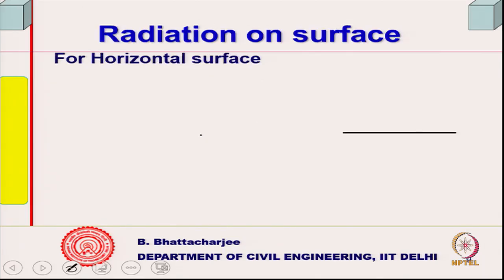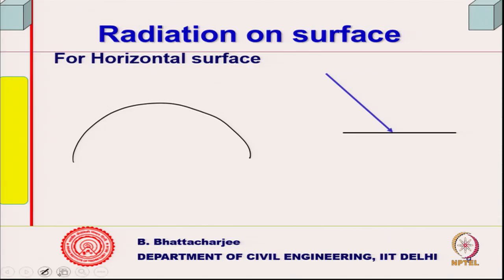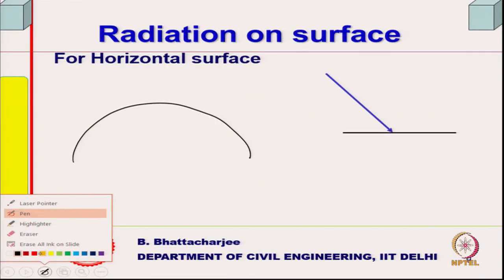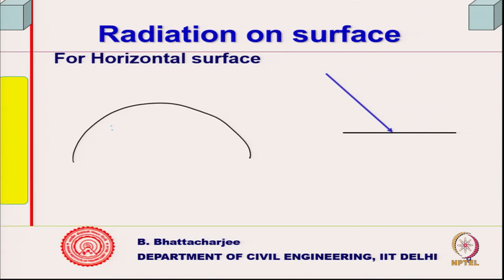So, for a horizontal surface it is simple. If I have radiation falling like this, I call it beam radiation, because reflections could be of two types, specular or diffused. Now, in case of the sky, the sun is somewhere there, if this is the plane I am considering.